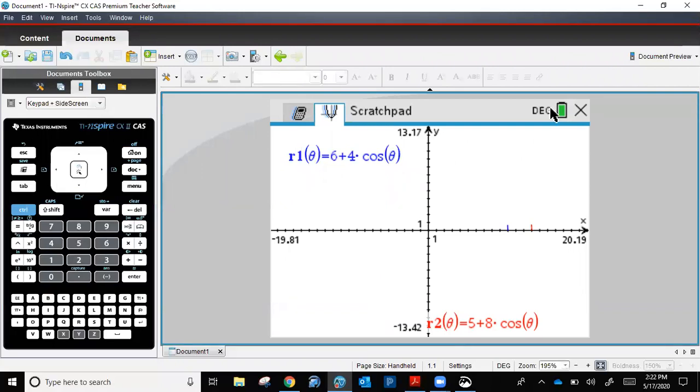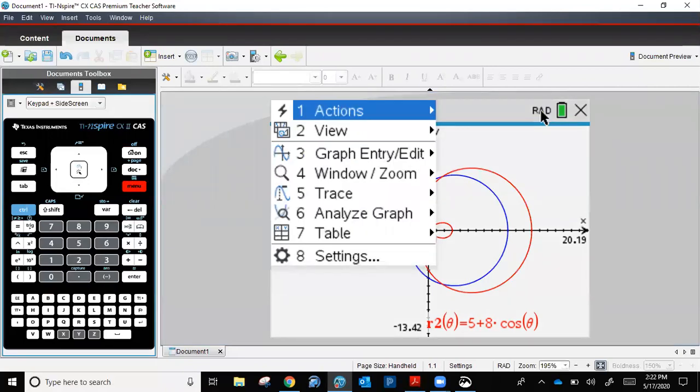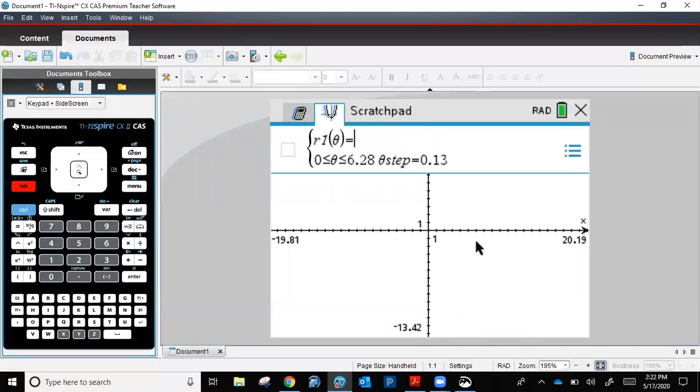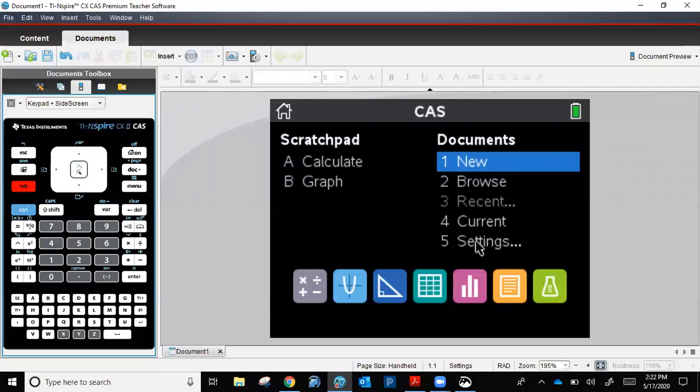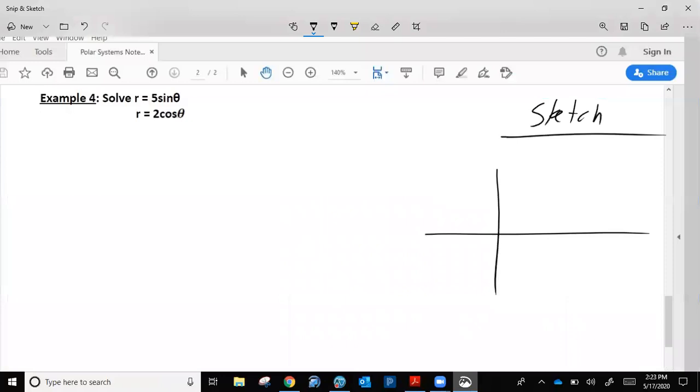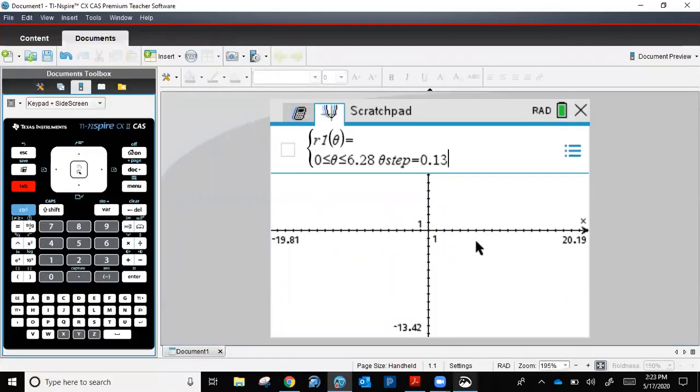You have to be in radians for these polar curves to work. I'm going to get rid of the ones we did the last time. Tab brings in new ones. Look at the question again, 5 sine and 2 cosine.